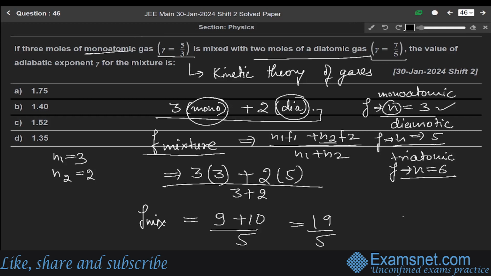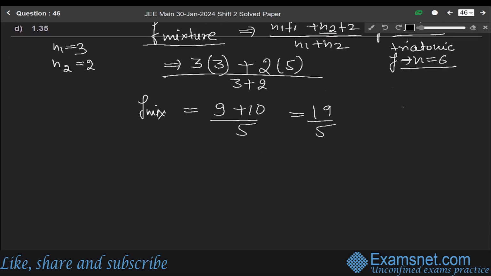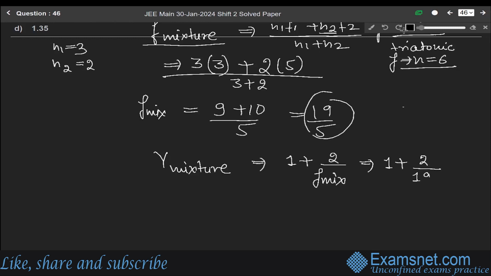Now, the question is asking about the value of the adiabatic exponent gamma for the mixture. It has a direct formula. Gamma for the mixture will be equal to 1 plus 2 by this F mixture. So it will be 1 plus 2 over 19 over 5, which is 1 plus 10 over 19.